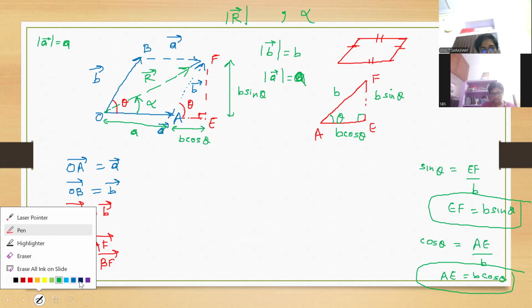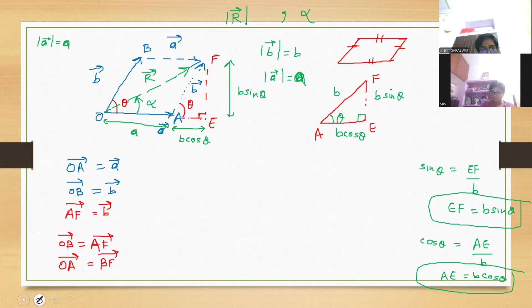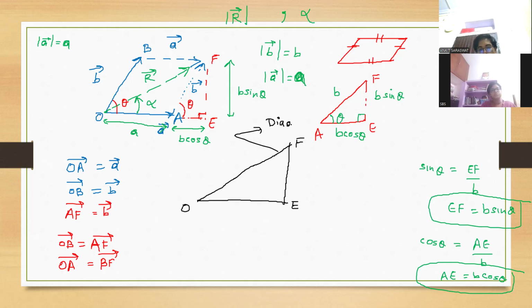Okay, now look carefully. I need to find this R, mod R. If you look at the big triangle F, E, this is O. This is the diagonal of the parallelogram, and this is mod R. We need to find this.